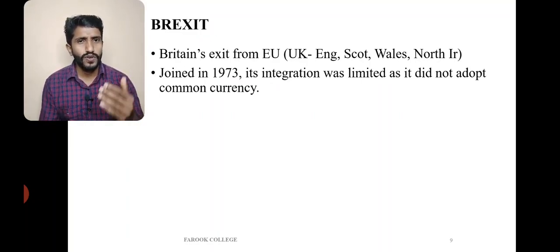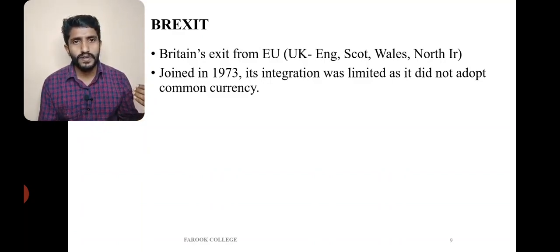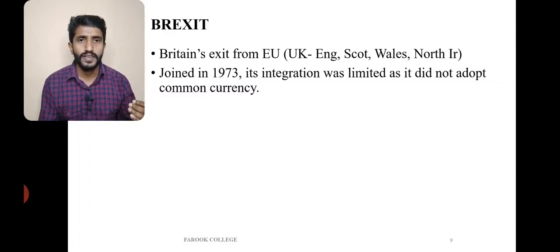There was a lot of negotiation with the European Union members, because Britain is a very important part of Europe, but they were not ready. But finally they joined in 1973.